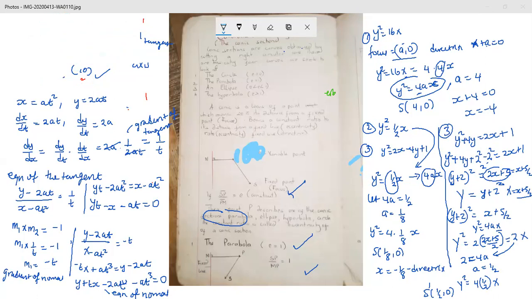Sorry, I can't sit down. You can't sit down, eh? Okay, let me raise it up a little.